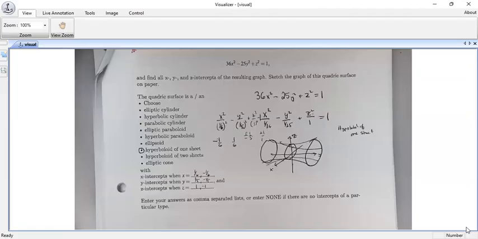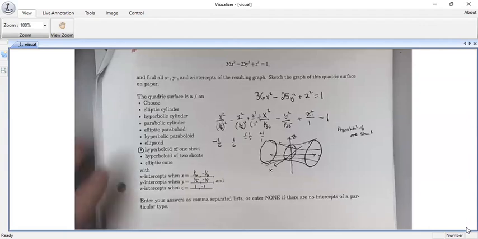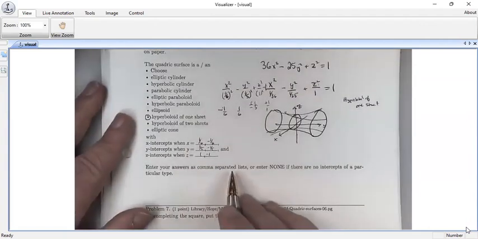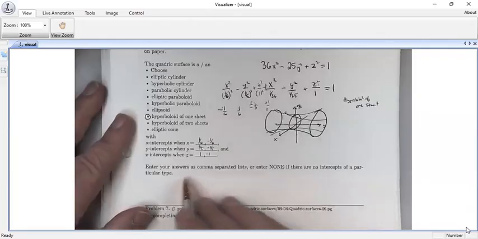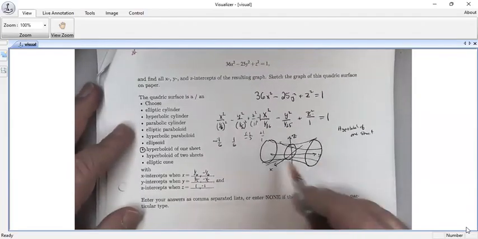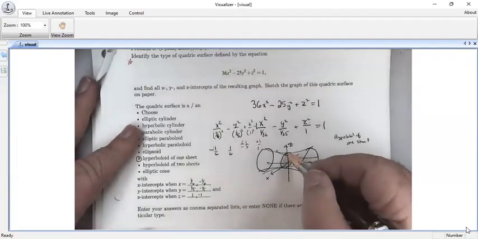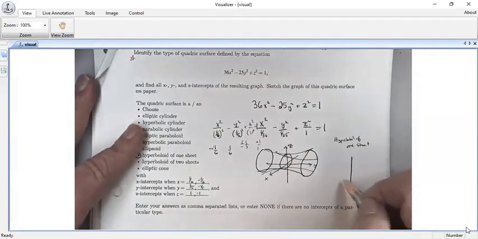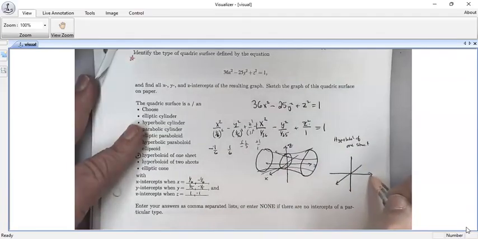Okay, and again, in terms of answering, enter your answers, enter none if there are no intercepts or whatever the case may be. But again, get a feel for these guys. Now, just to give you a better picture, because this was me drawing in very lame terms, let me give you a visual on this.